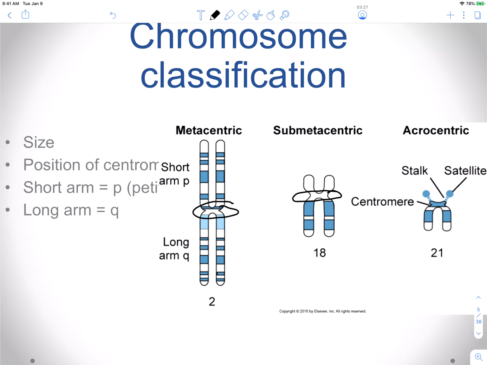If I blow this up a little bit, we have chromosome 1 here, the P arm here and the Q arm here, and then you have bands 1, 2, and 3. The bands start numbering from the centromere towards the telomere. So 1 is by the centromere, 2 is in between, and then 3 in this case is at the telomere. Different chromosomes have different numbers of these cytogenetic bands.